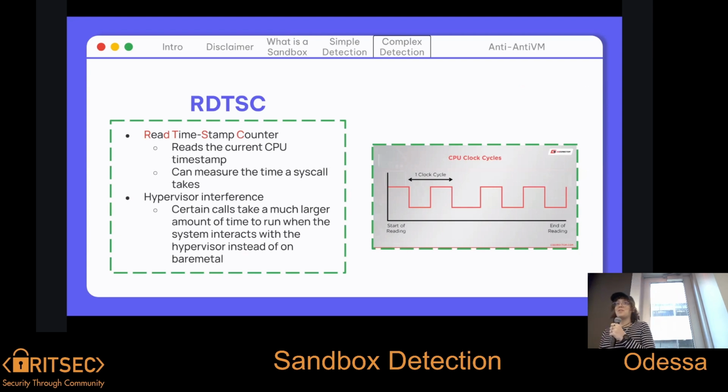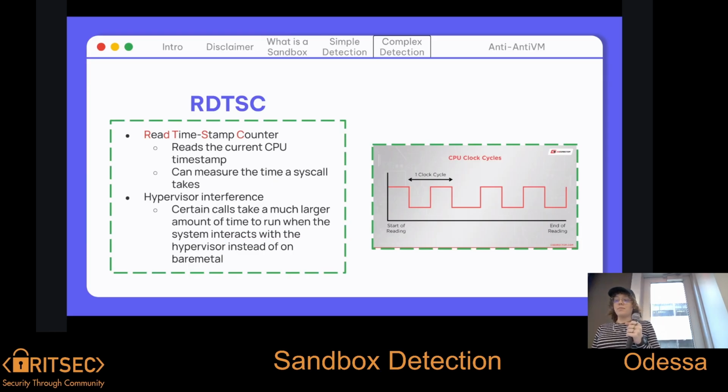And now we get into the really fun stuff. RDTSC, read timestamp counter. This is a little call that just reads the current CPU timestamp, the clock cycles. Just gets a little time. More importantly though, it runs really fast. It's an assembly call, so it interfaces directly with the hardware.